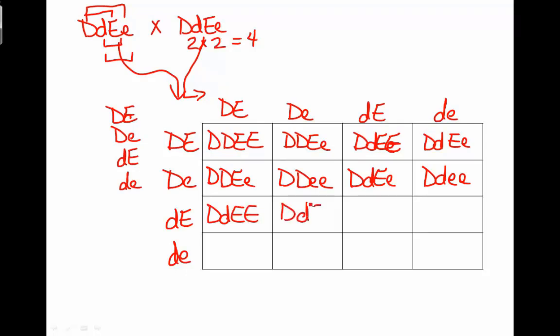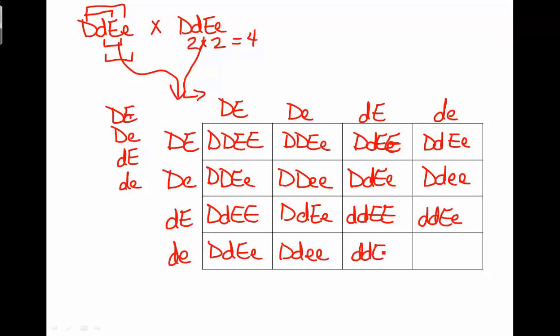Notice that as I go through here, I'm just looking at the box that's directly above and the box that's directly to the side. We want to group the D's together and we want to group the E's together. And if it is a heterozygous combination, we want to always put the capital letter in front.